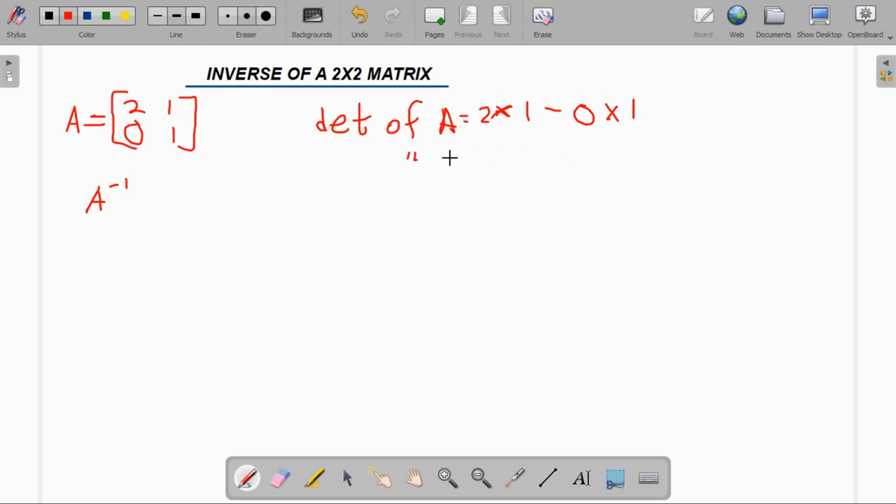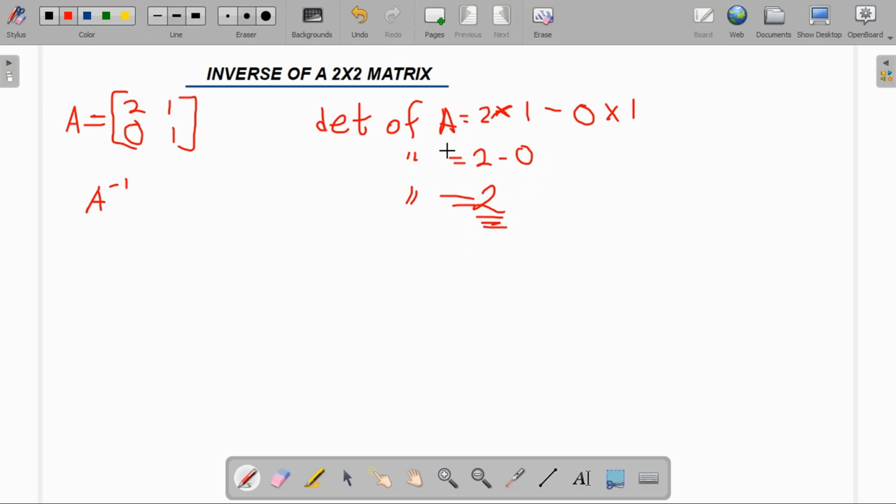So the determinant of this matrix A is 2 times 1, which gives us 2, minus 0 times 1, which gives us 0. And 2 take away 0 gives us 2. So that is the determinant of A. That's the first thing that I'm supposed to find.